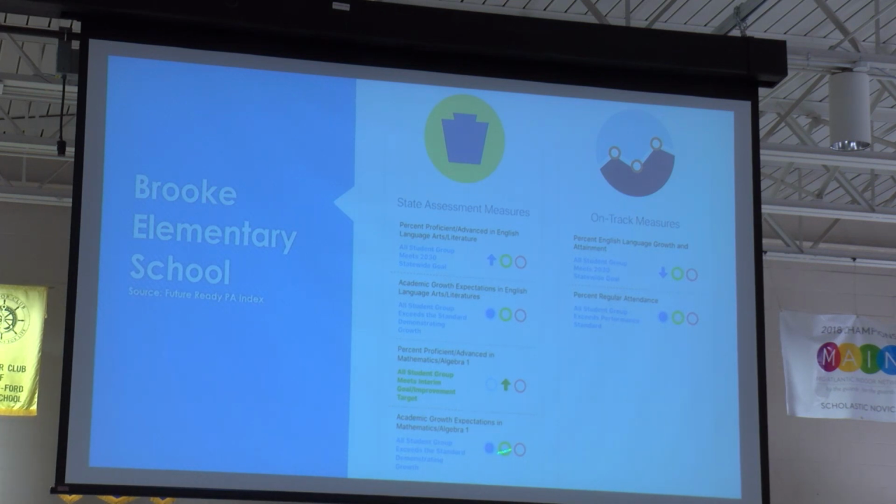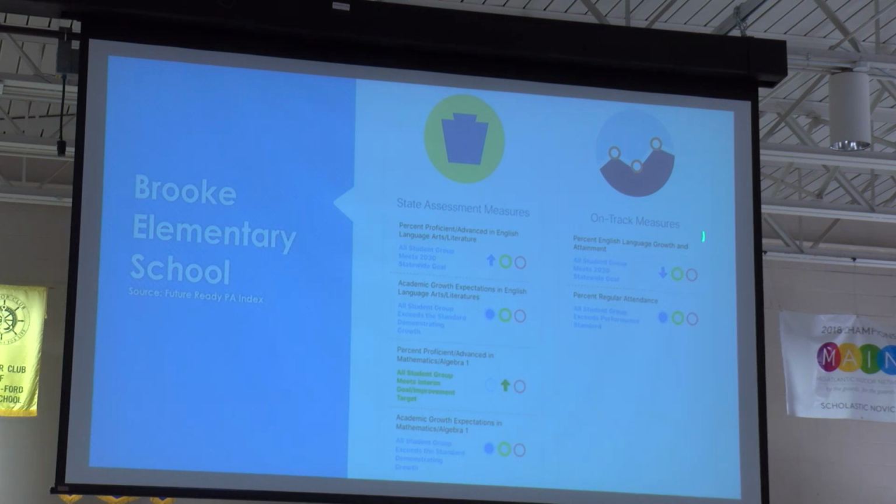The third represents mathematics proficiency, and in this instance, you'll see that we have not yet met the statewide target, but we are showing green, which indicates that we have met the interim target that the state has set, and it also indicates that we have improved from the previous year. And the final measure in this category is the growth measure for math, which is also blue and indicates that we've met that statewide goal.